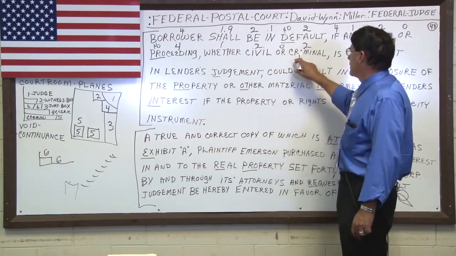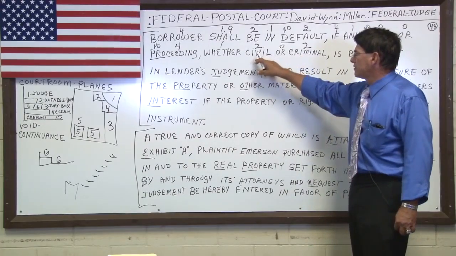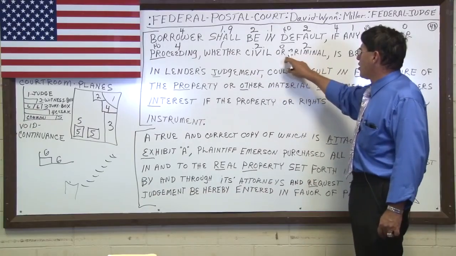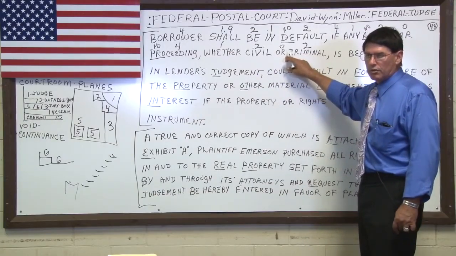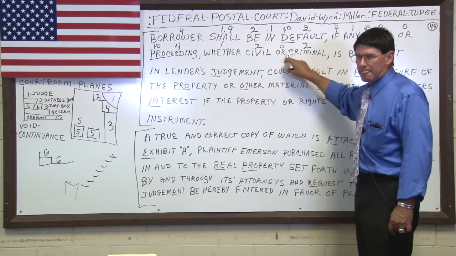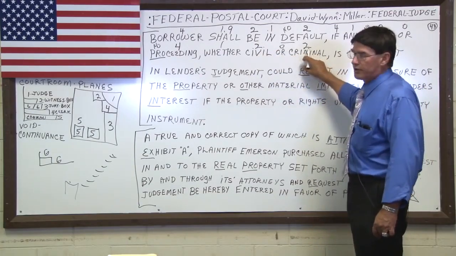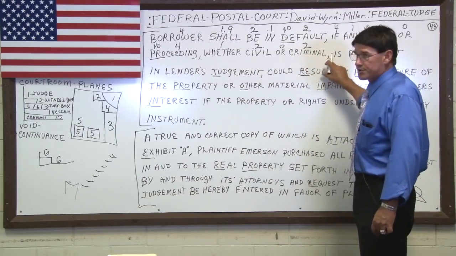Now the reason criminal here becomes civil, if we do whether criminal or civil, or whether civil or criminal, is that or becomes a neutral conjunction, that whatever number appears before it would normally appear after it if a comma is used.